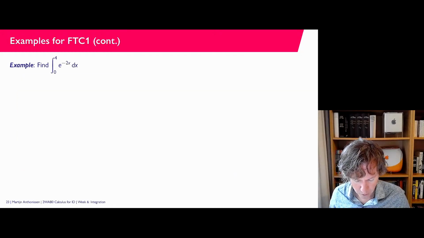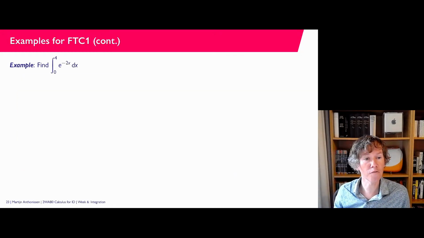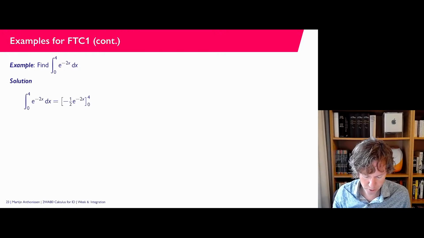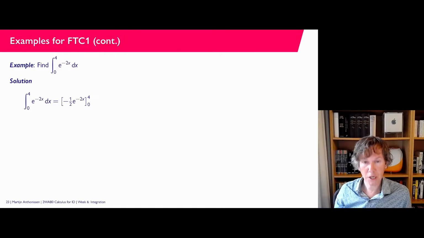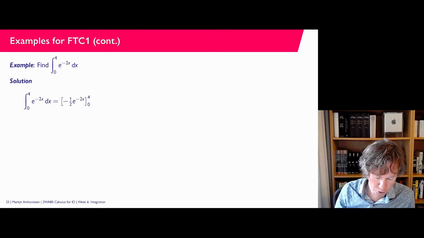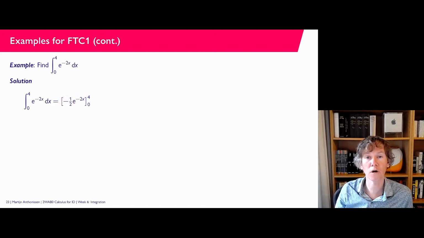Okay. Another example, the integral from 0 to 4 of e to the power minus 2x dx. You can immediately find a primitive function. It's an exponential, so you take the same exponential. If you would differentiate with the chain rule, you would get an additional -2, so we have to compensate for that with this -1/2.